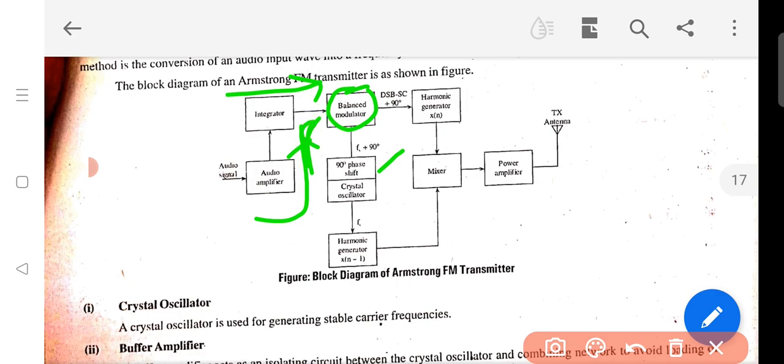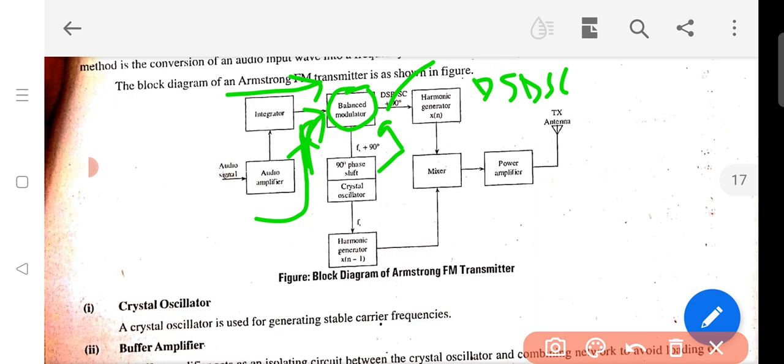The integrated message signal is fed to the balanced modulator, and the other input is the 90 degrees phase shifted carrier signal from the crystal oscillator. Both produce the double sidebands. It means the DSB-SC signal will be present here, because it is a product modulator with one input the carrier and the other the message signal.